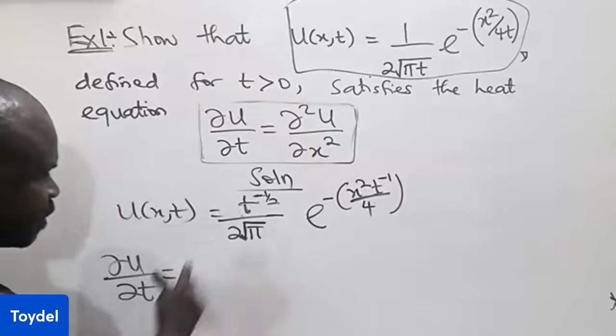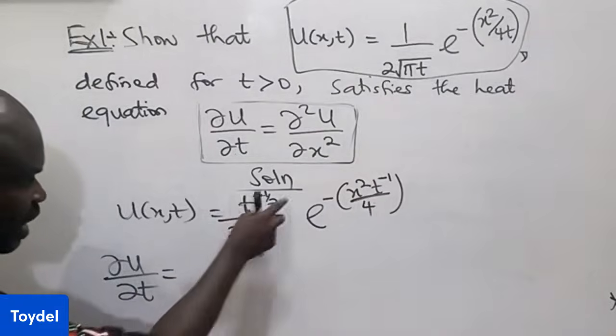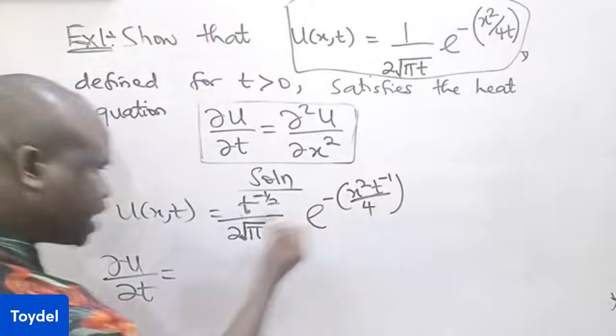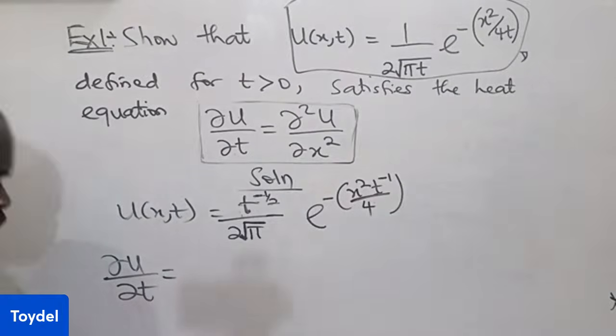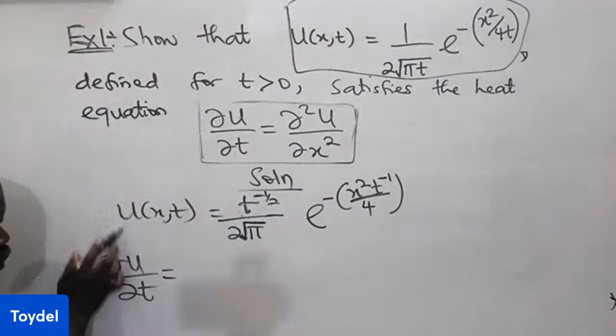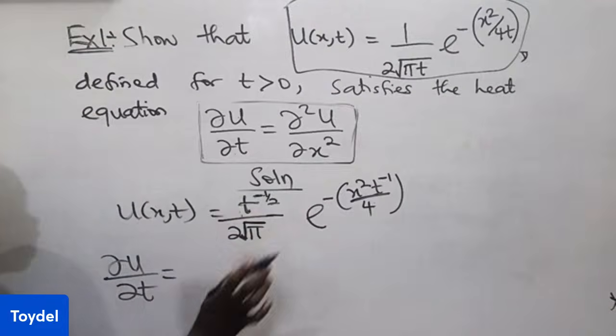So let me differentiate using the product rule. We are differentiating u with respect to t, so every other t is assumed to be constant.